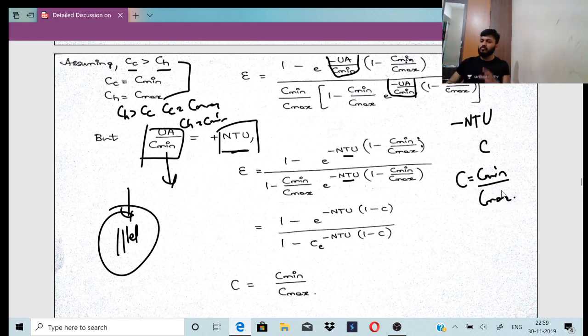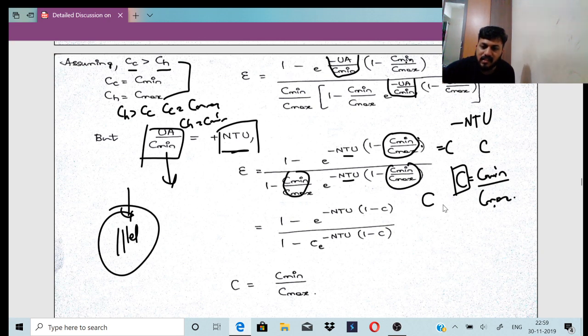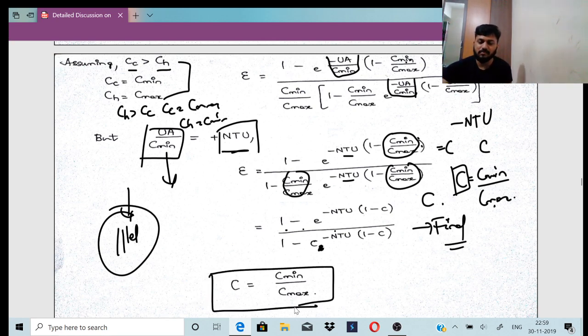Cmin और Cmax दोनों की values हमें मिलती हैं problem से. तो the ratio of Cmin by Cmax is nothing but the capital C. So let's term this Cmin by Cmax, okay, as C. The final equation will be 1 minus e power minus NTU into (1 minus C) divided by 1 minus C e power minus NTU into (1 minus C). So this will be my final equation where C equals Cmin by Cmax.